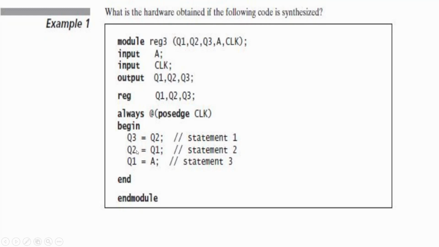So this statement two will only be executed after the execution of the first statement. Similarly, the third statement will be executed only after the execution of the first and second statements.